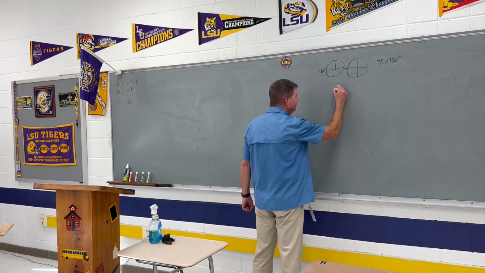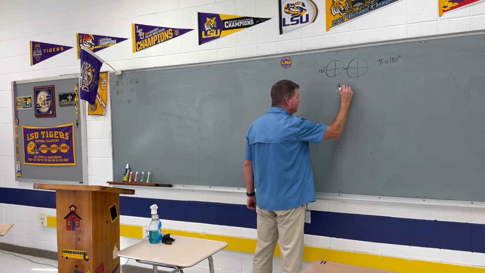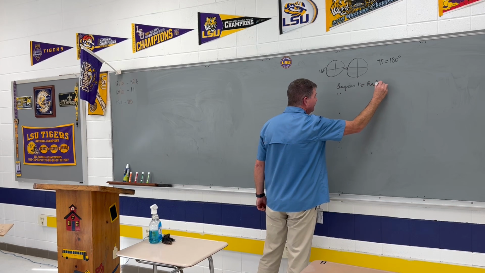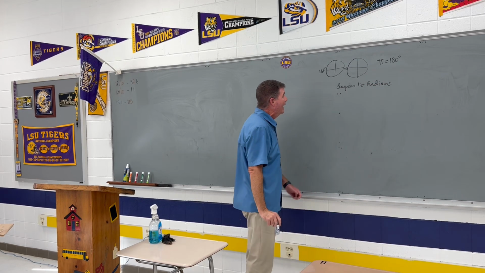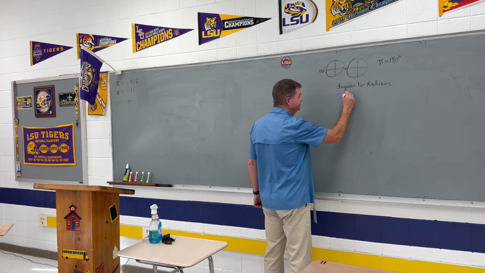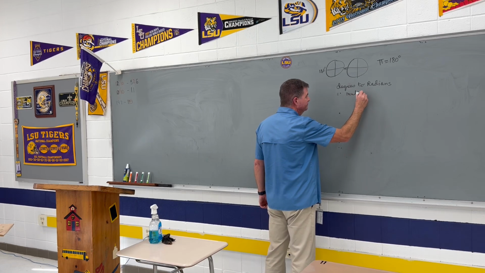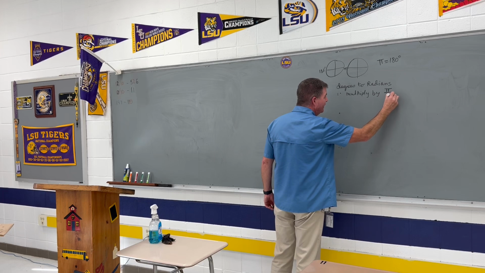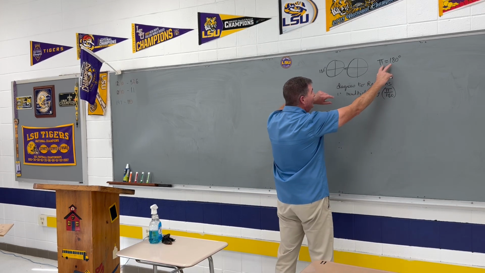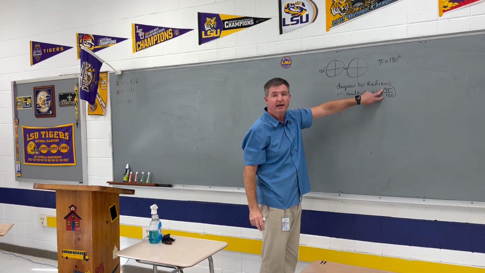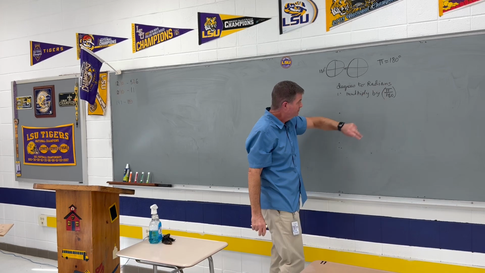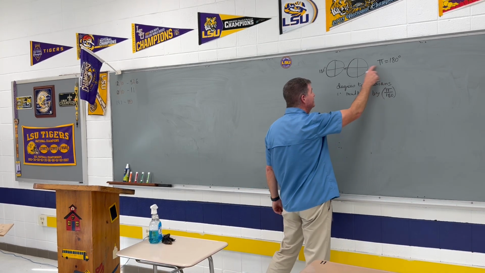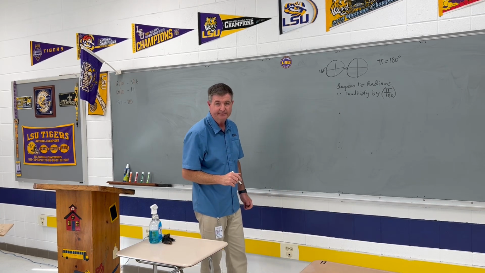So if I want to convert from degrees to radians, I'm going to multiply by pi over 180. Since they're both equivalents, it's almost like multiplying by a form of 1. I multiply by pi over 180 because I want a pi in my answer, and radians has pi.